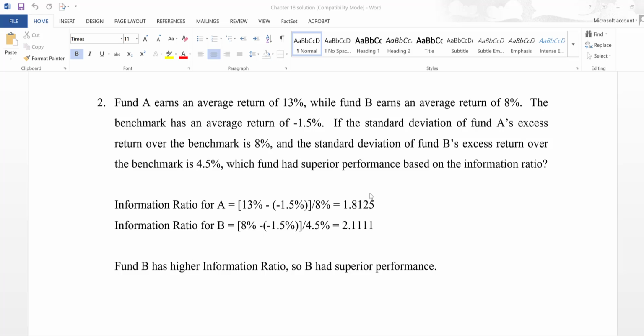Fund B has a higher information ratio. So based on this metric, we would conclude that fund B has superior performance. Even though fund B has a lower return, its risk was much lower, and therefore on a risk-adjusted basis using the information ratio, we can conclude that fund B outperformed fund A.